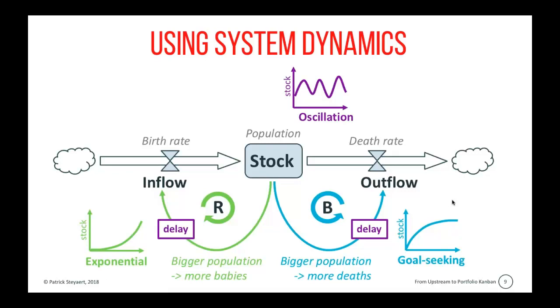That would mean that at a certain point in time, the balancing loop would take over, our stock would start going down, and then the babies start to become born, so the stock goes up again, and so we start to have an oscillating behavior. So this is standard systems dynamics. Once we have delays, we start having an oscillation.